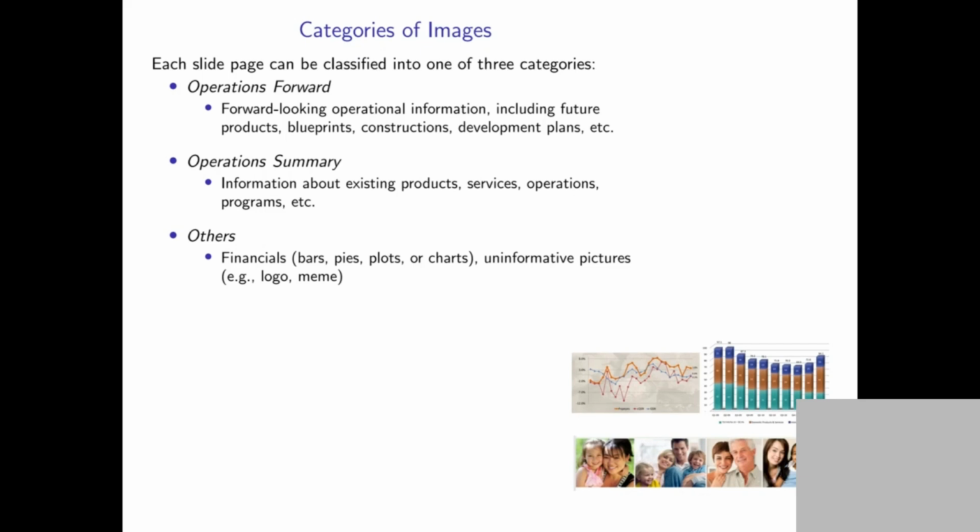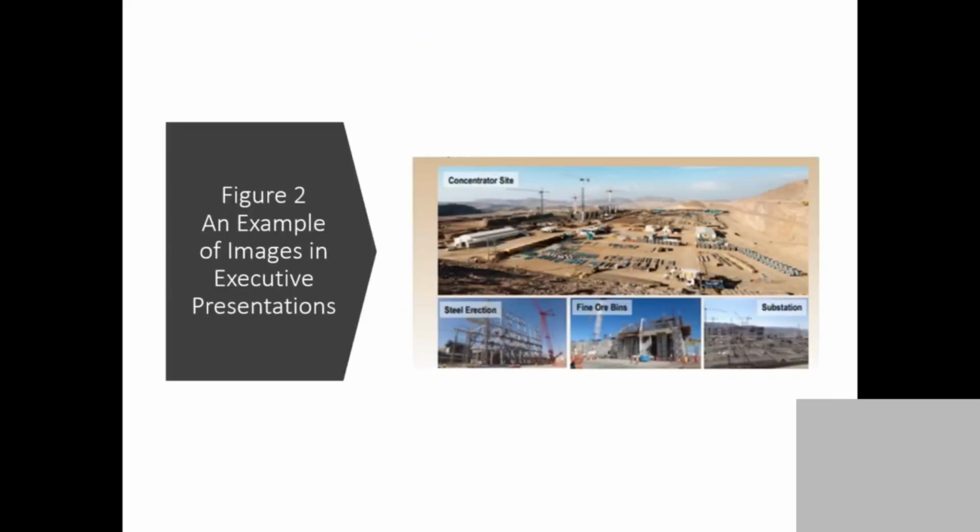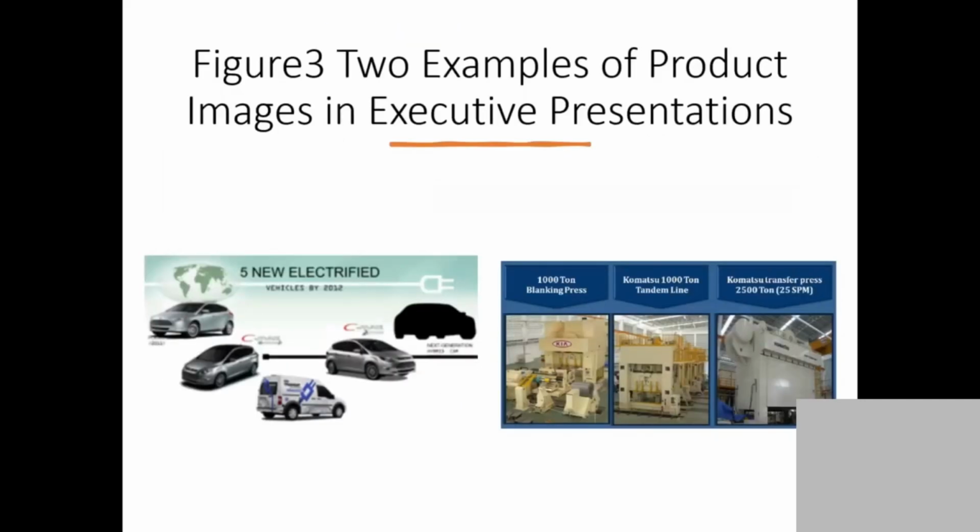So basically, we first have a human to label. Human can tell, oh, this is the future product. And the human can tell, this is the future operations. And the human can tell, this is the existing operations. So human can tell each category. And we have a training sample. And we use this training sample to train a large image model, not a large language model, a large image model, to mimic human classification.